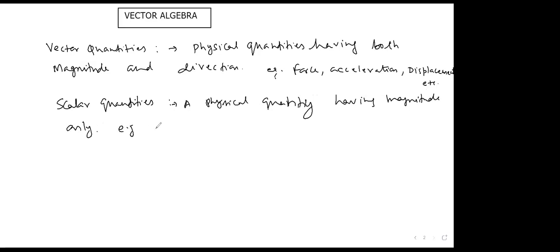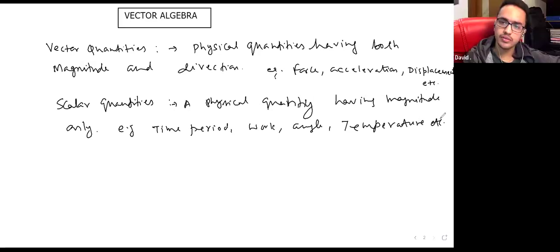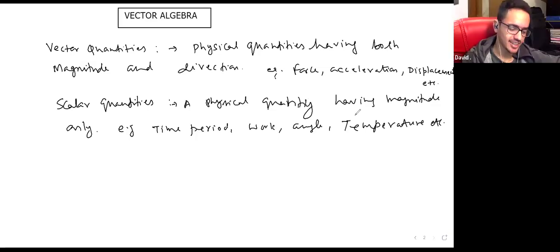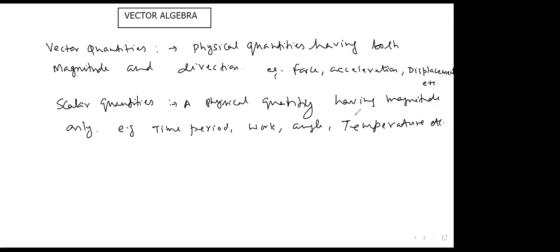For example, time period, work, angle, temperature, etc. So these are scalar quantities. We cannot say 30 degrees Celsius in north direction, because it does not require any direction. We cannot say work is being done in north direction or south direction. Work has no direction. So these are scalar quantities.